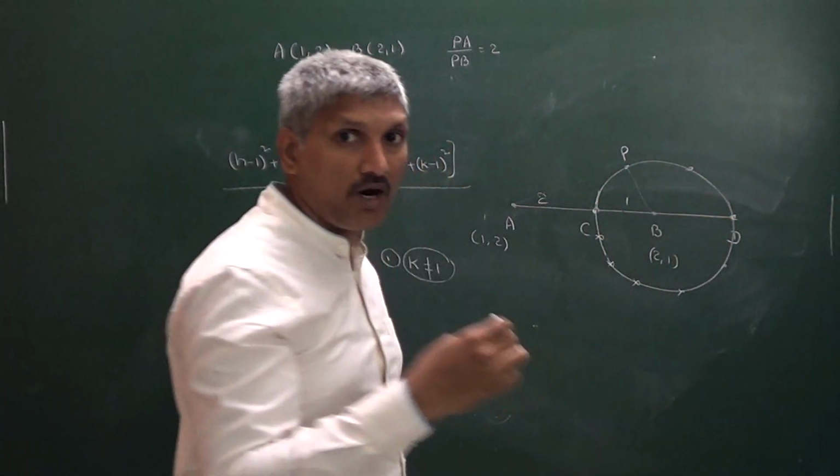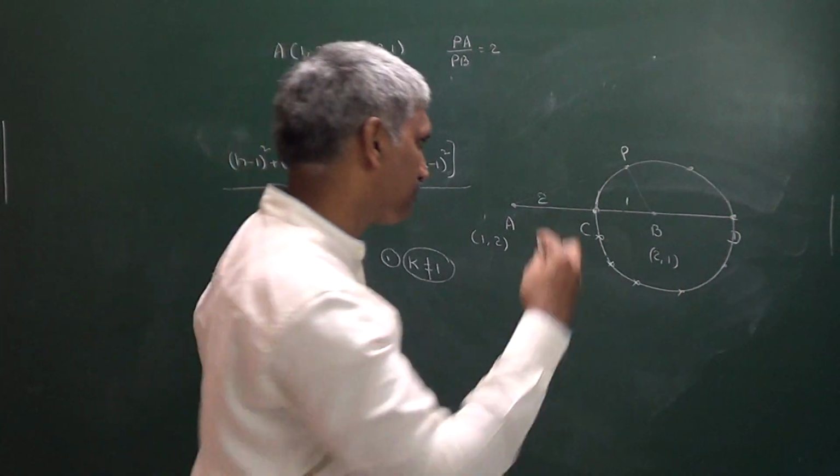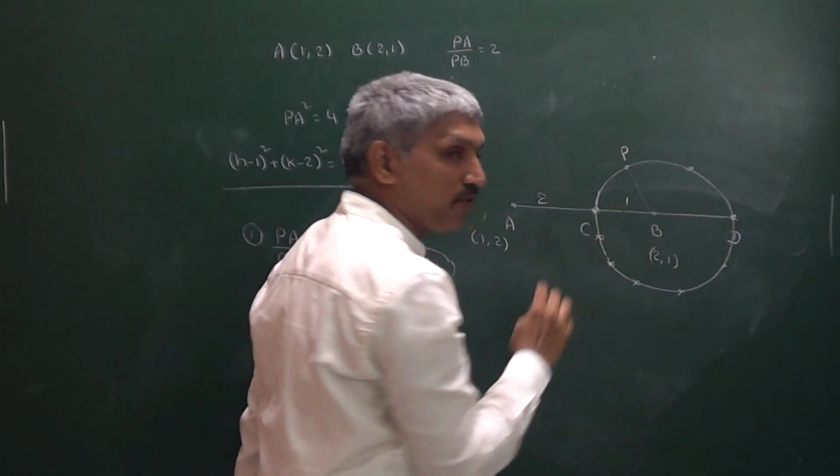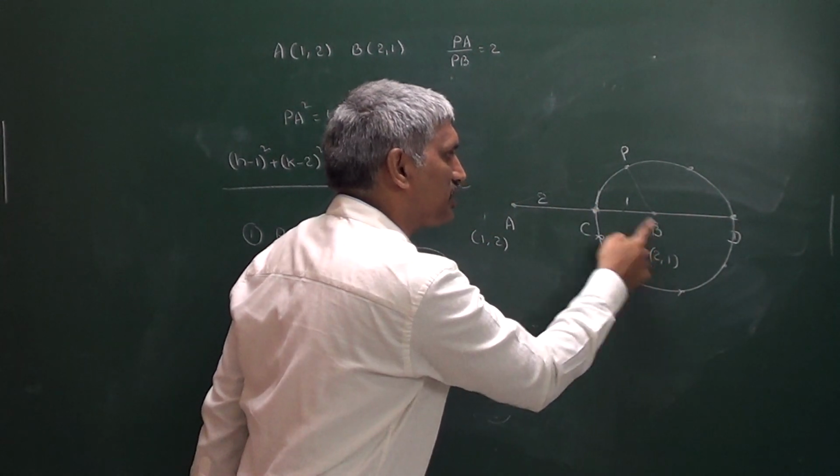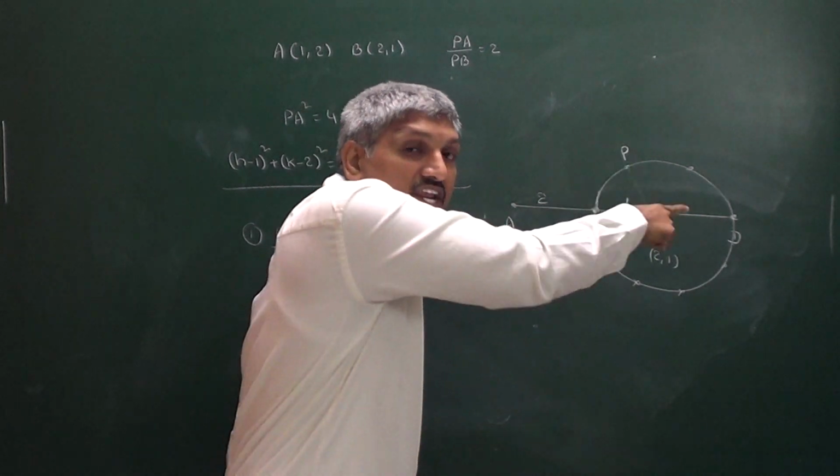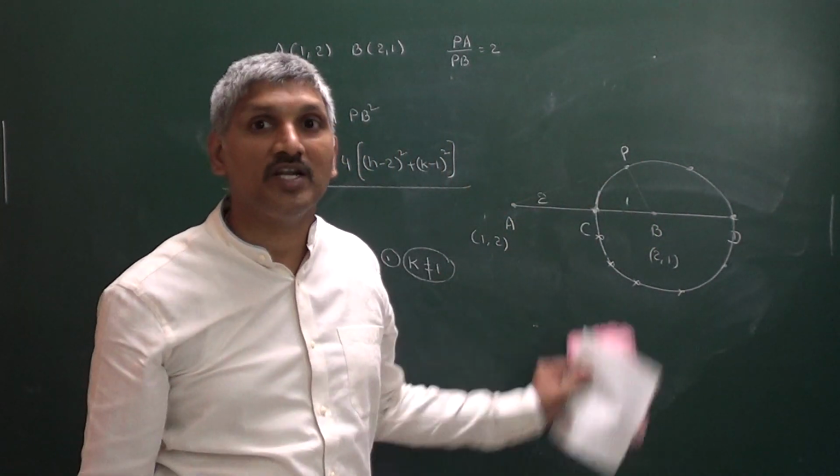But how to get the C point and D point? C divides AB in the ratio 2:1 internally. D divides AB in the ratio 2:1 externally.